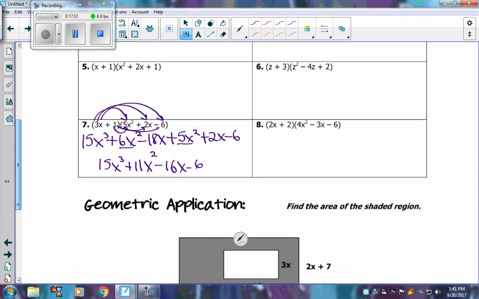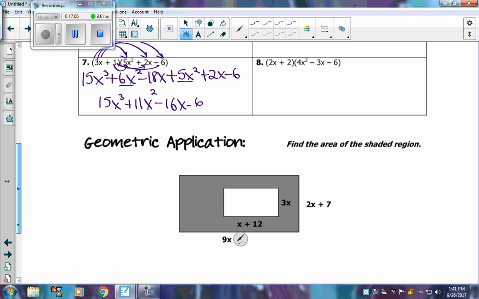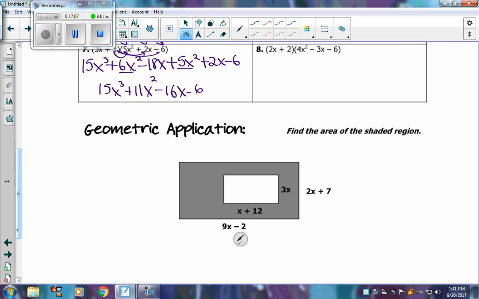All right, the last thing we're going to do is another geometric application. And it's the same as the one we had yesterday. Finding the area of the shaded region. So just like yesterday, we're going to take the outside area. I'm just going to put an O for outside. And subtract the inside area.